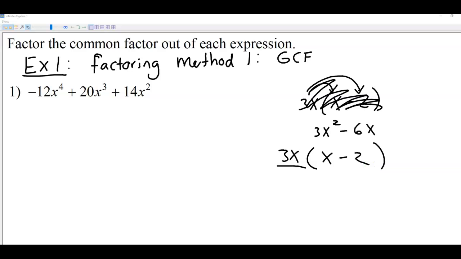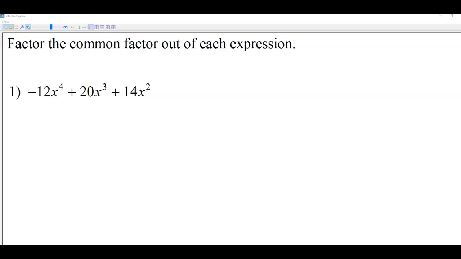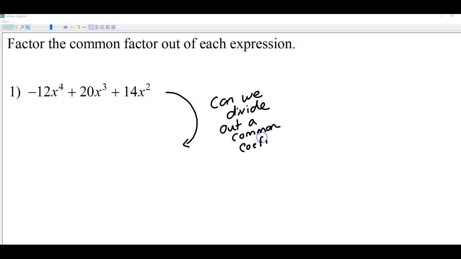When you're doing this, the first thing you want to do is see if you can divide out any common coefficients. Can we divide out a common coefficient?